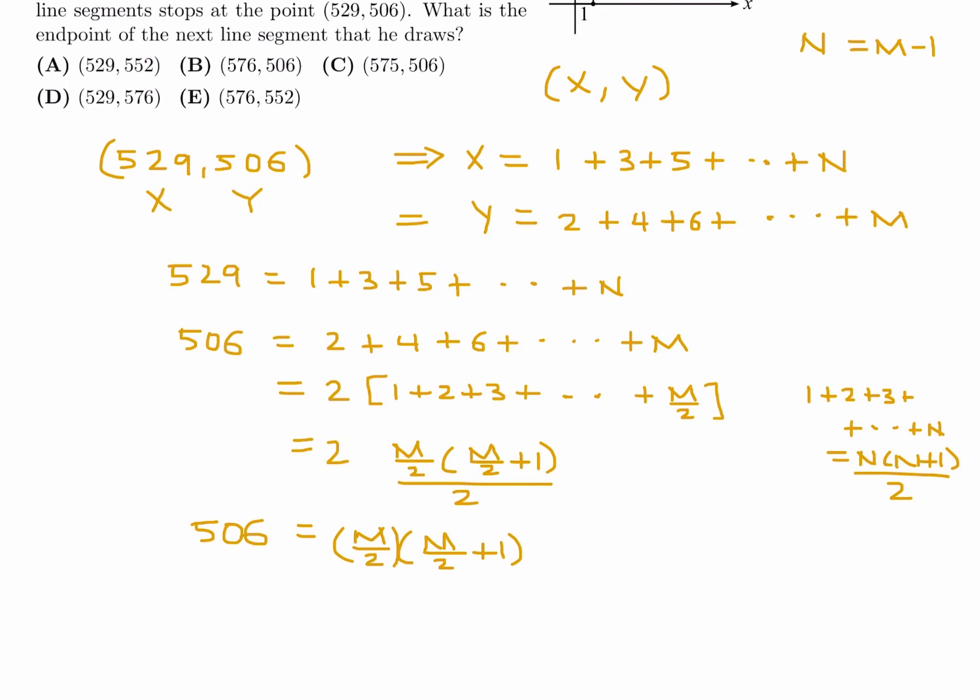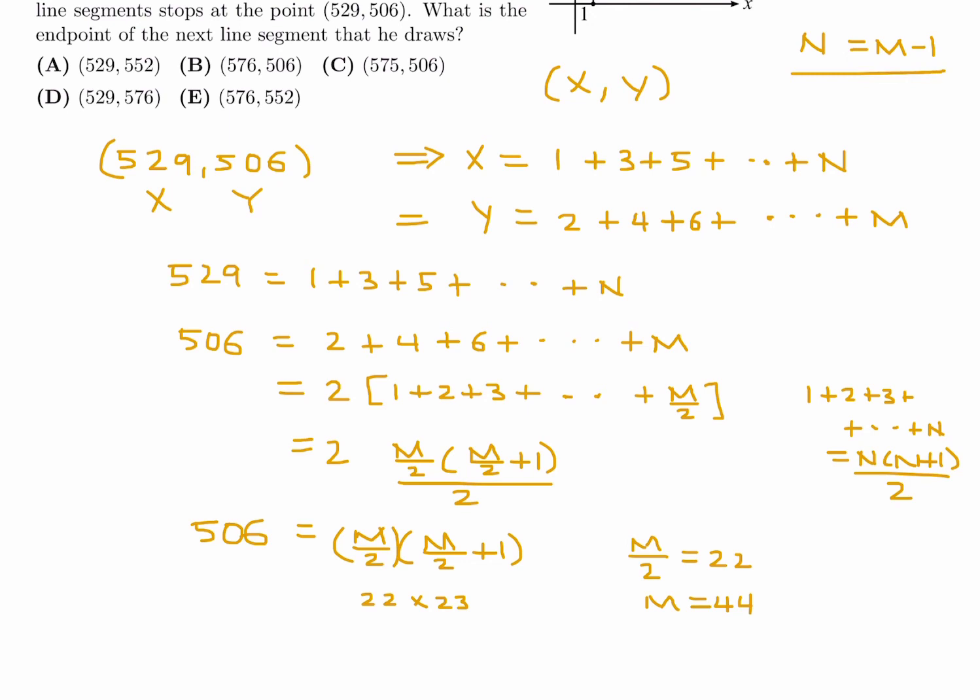So I think that m over 2 is possibly 22. Well, let's see. Take out calculator, take 22, multiply it by 23, and indeed it is going to be 506. So there you go. M over 2 is indeed 22. So that means m is 44. Perfect.